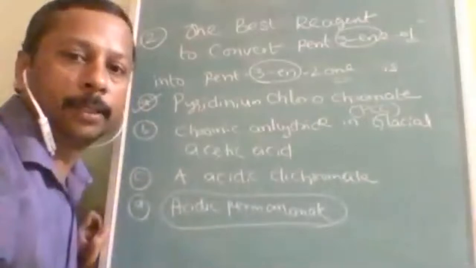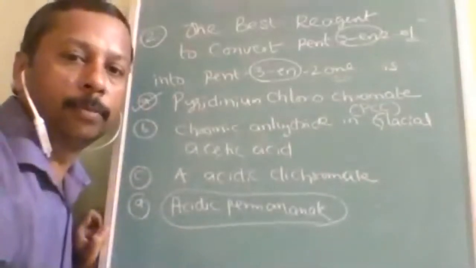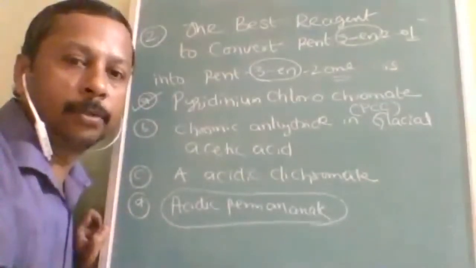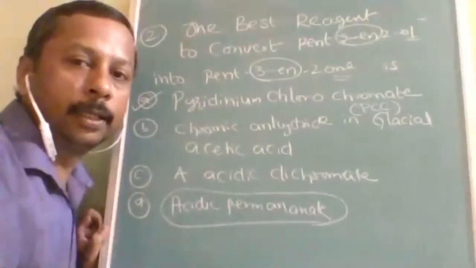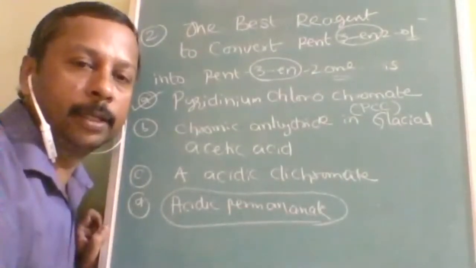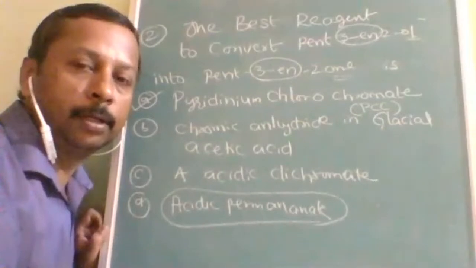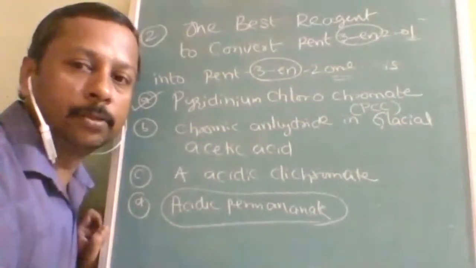It is a selective oxidation without disturbing the double bond. It purely converts the 2-ol into the ketone.